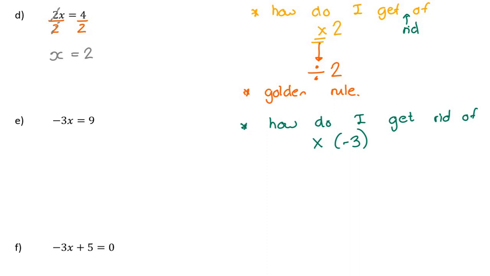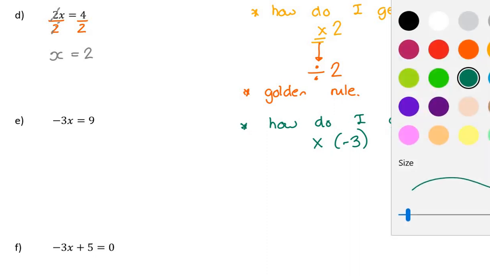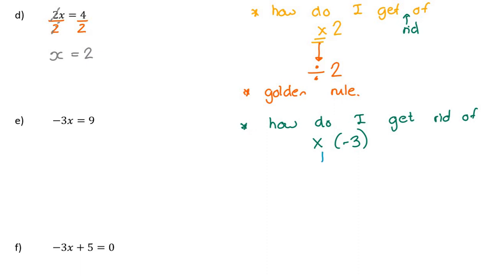We're multiplying by negative 3. So don't think of that negative as a subtraction. How do you get rid of multiplying by negative 3? I'm going to need to divide by negative 3. So I'm going to divide the one side by negative 3, but the golden rule says that I need to divide the other side by negative 3 as well. So my negative 3's land up cancelling to 1, so I get 1x, and this is negative 3.